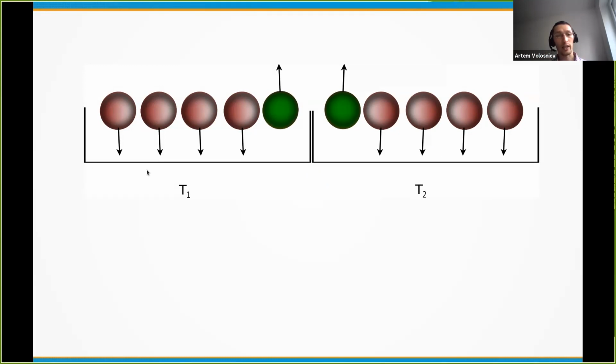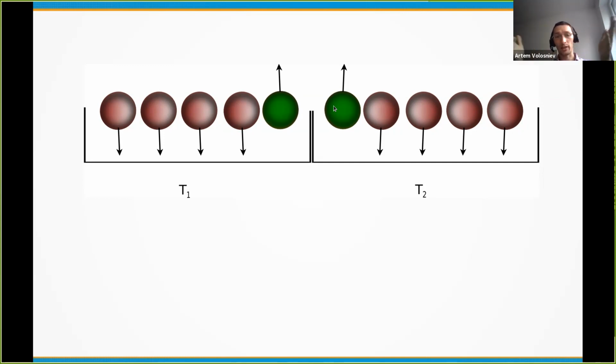So you take two boxes. They are separated, so there's no exchange between them. Then you say the left-hand side is at temperature T1, and the right-hand side is at temperature T2. And then I generate particles, basically flip spins here in the middle, which means I flip them in both boxes.